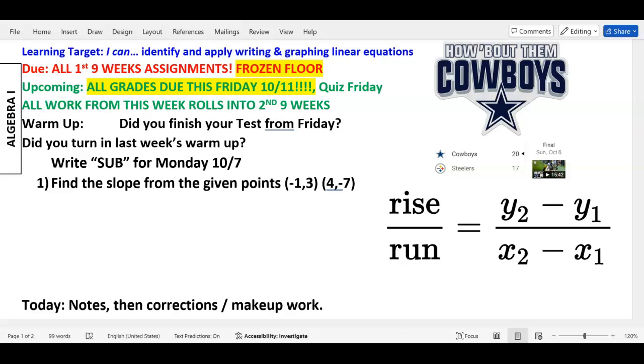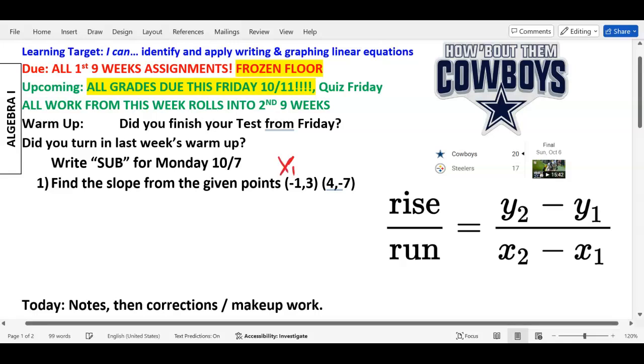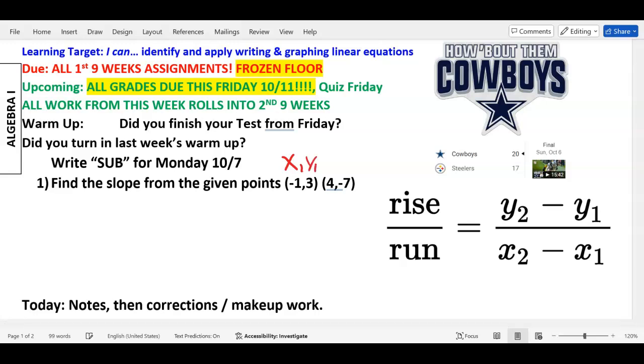These 2 points are x1, y1, and x2, y2. So is everyone looking up here? Phones away, please. Looking up here. We're going to write this big old fraction bar. Now I'm going to do y2 minus y1. So what's y2? -7.